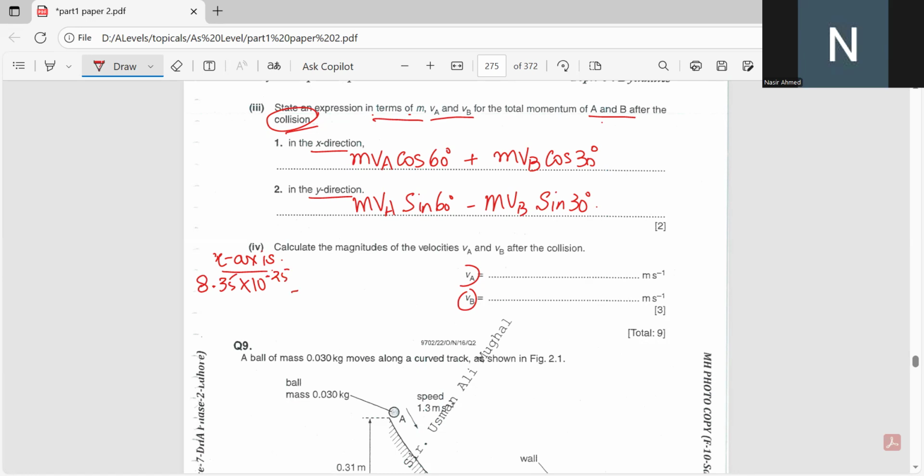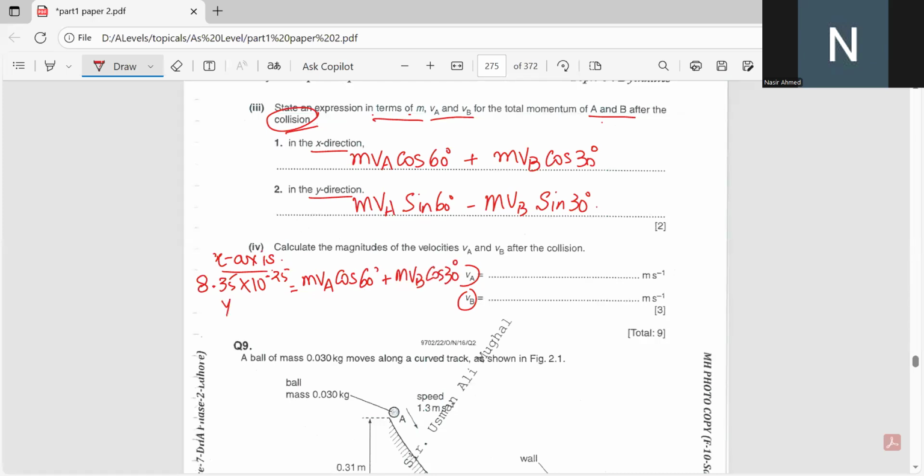This was equal to m VA cos 60 degree plus m VB cos 30 degree.